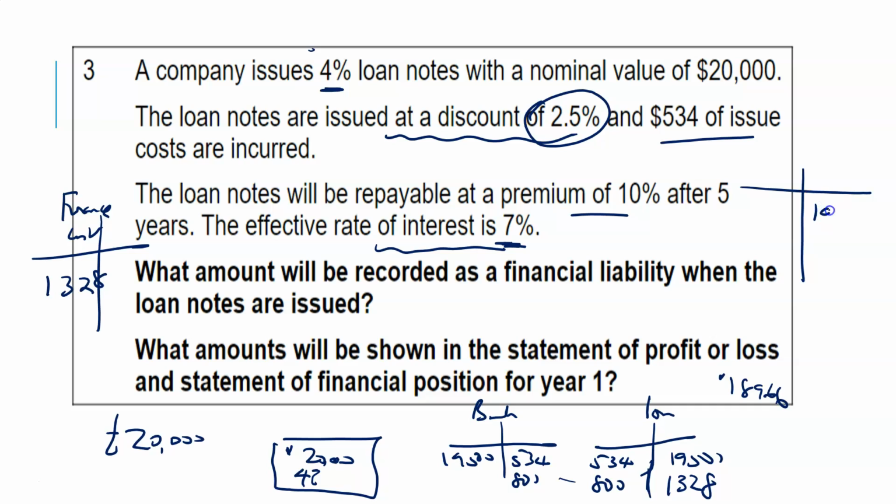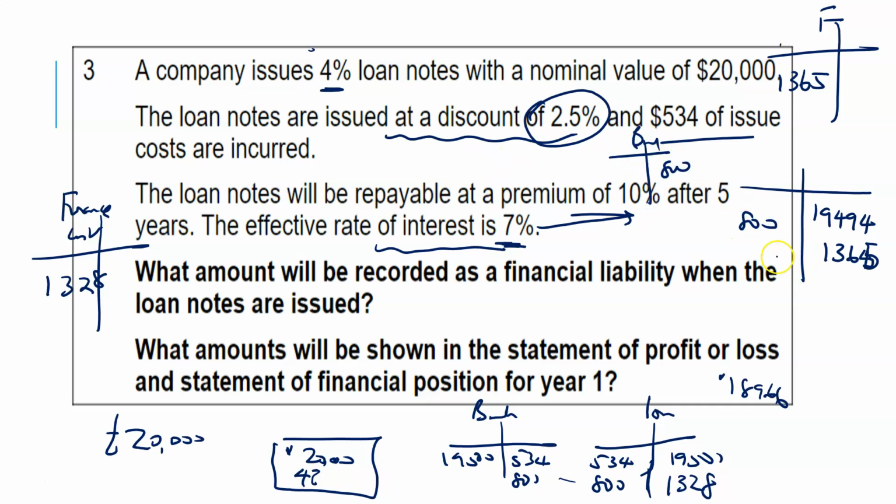So I now have a brought down figure of 19,494. I'll do exactly the same thing. I will accrue interest again of 7%, times 0.07, which is 1,365 rounded up. So that's my finance cost for the next year, and then I'll pay my £800 out of the bank.